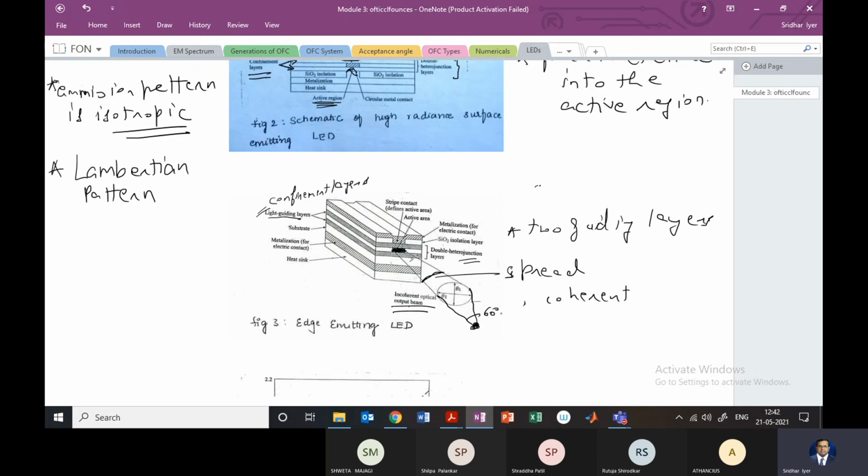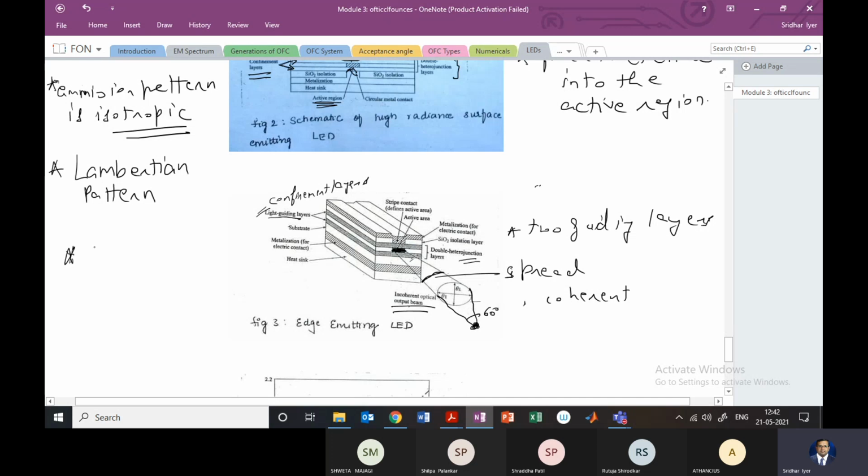What is important for us is that it has a double heterojunction structure. It has the confinement layers. The confinement layers' refractive index is between that of the active region and that of the surrounding region. Again, this kind of LED will also give us the Lambertian pattern, because ultimately it's an LED.